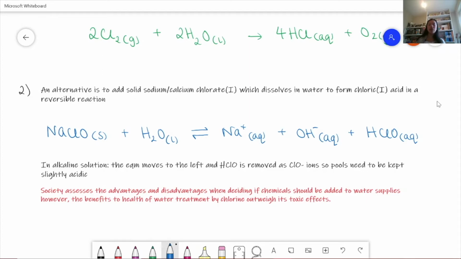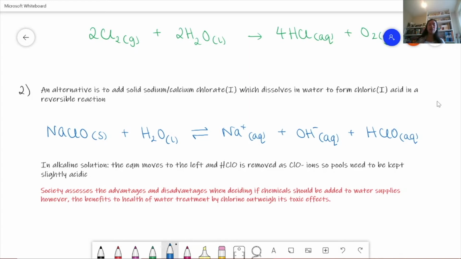And you can also see that if we put this in an alkaline solution, that means that we'll have a surplus of the OH- ions, and the equilibrium will shift to decrease this surplus of OH- ions, and so it shifts to the left. And so the chloric acid is removed as ClO- ions.